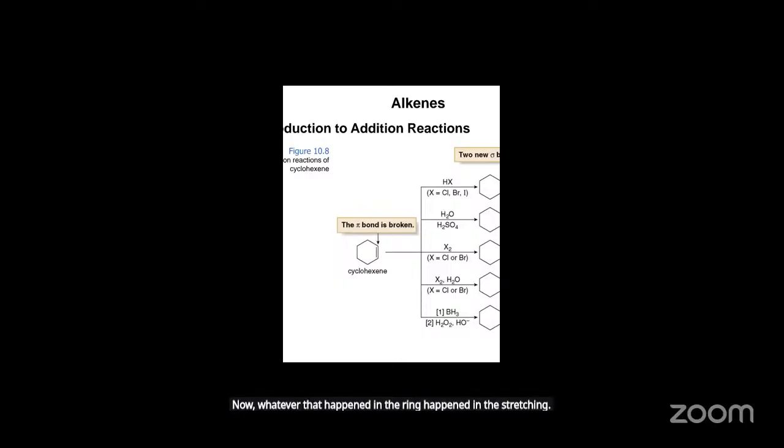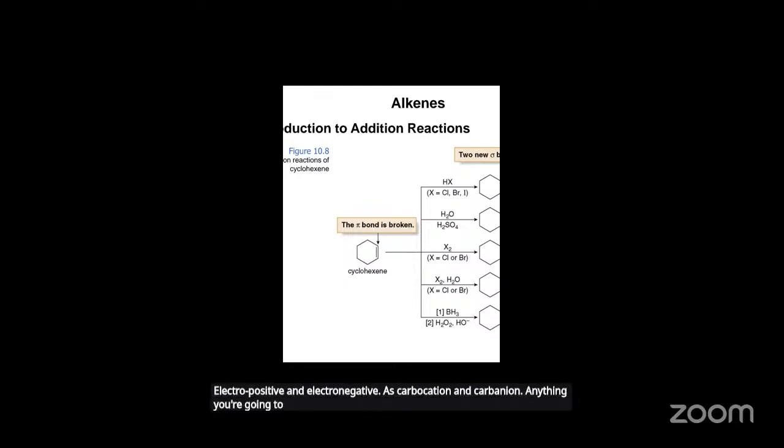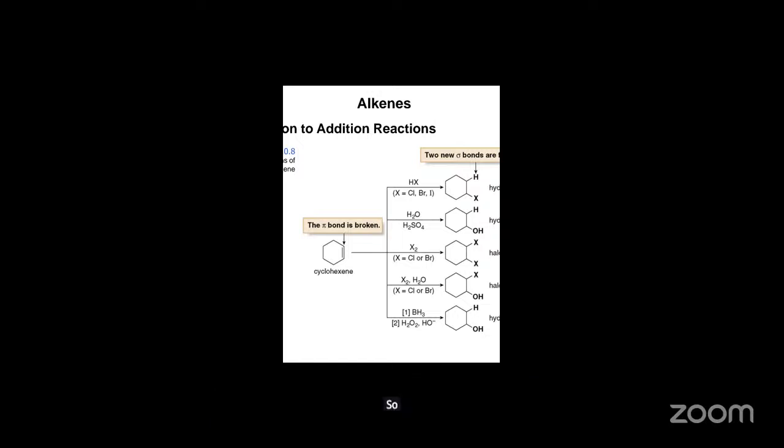If you look at the double bond, it is going to break. When this double bond breaks, it gives us an electropositive and an electronegative part, a carbocation and a carbanion. Anything you react with, you divide into carbocation and carbanion. So HX is going to break: hydrogen is positive, halogen is negative. That's how you add them.